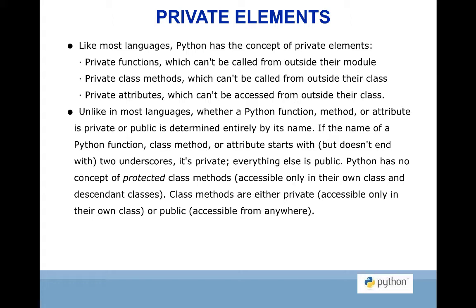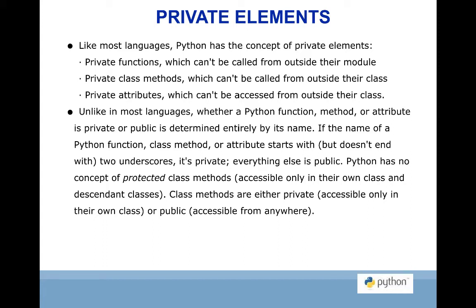Like most languages of the pattern of C++ or Java, Python also has the concept of private elements. These can be private functions, which cannot be called from outside their module, private class methods, which can't be called from outside their class, or private attributes, which can't be accessed from outside their class.